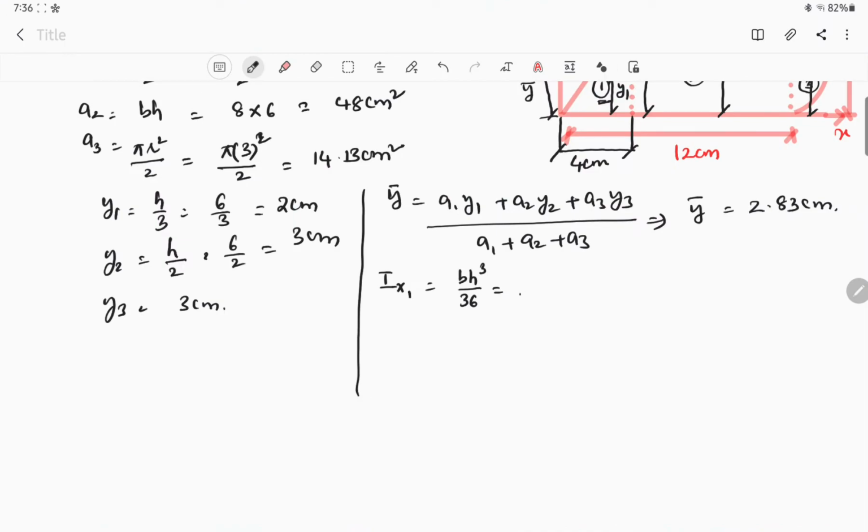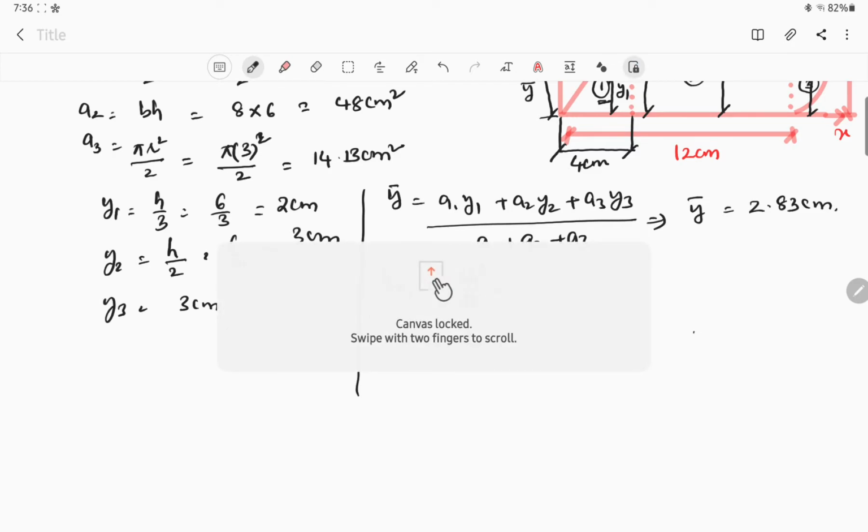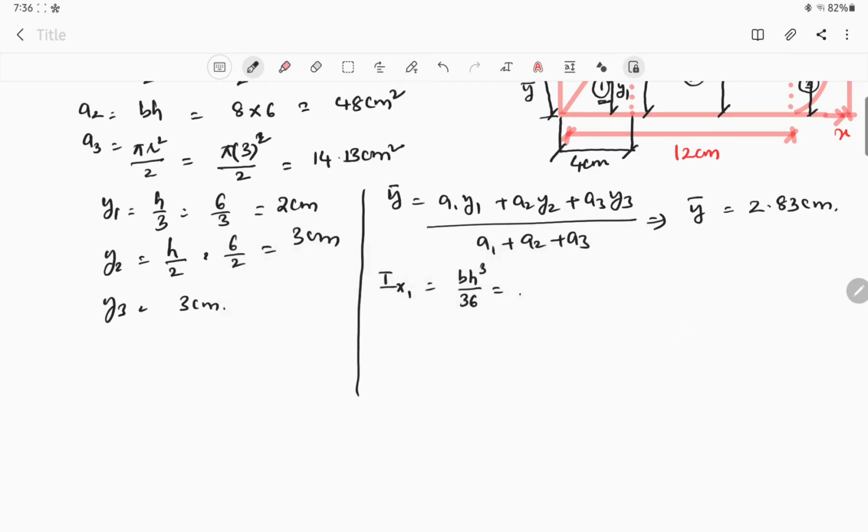So b is 4 into 6 cube whole divided by 36. How much did we get? 24 centimeter power 4. What about Ix2? Ix2 is bd cube by 12.